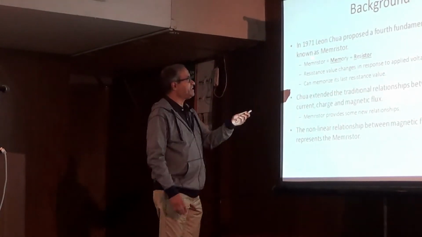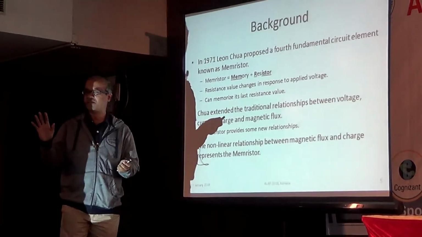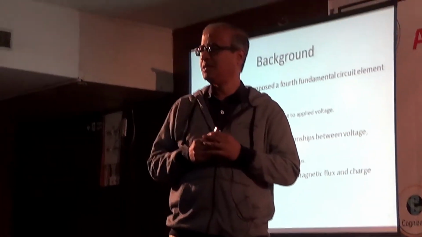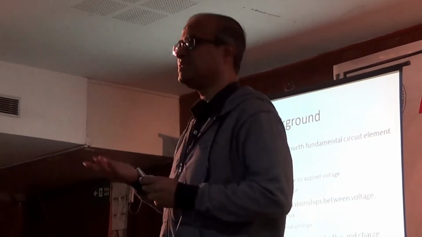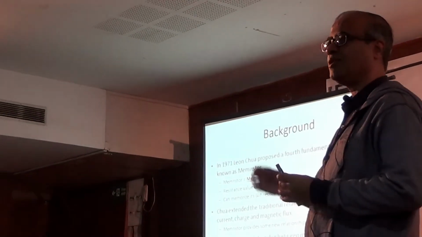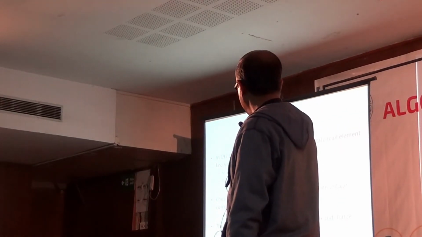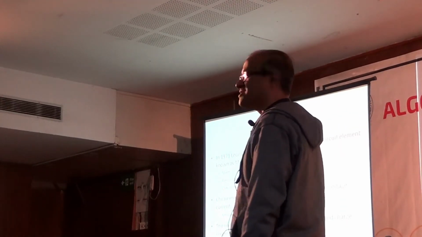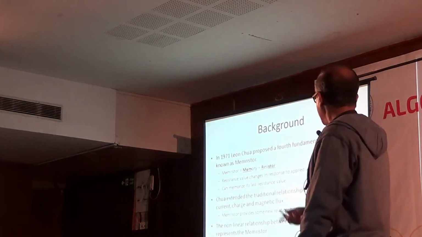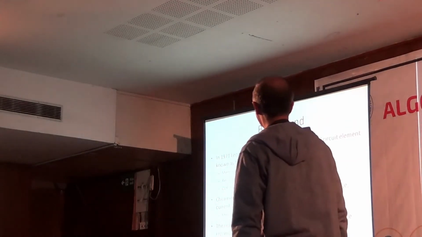As I said, this was not discovered, it was theoretically postulated by Leon Chua. Through theoretical considerations, he predicted the existence of a circuit element called the memristor. The name memristor is a short form of memory and resistor. I shall come to why memory and resistor are coming in here.